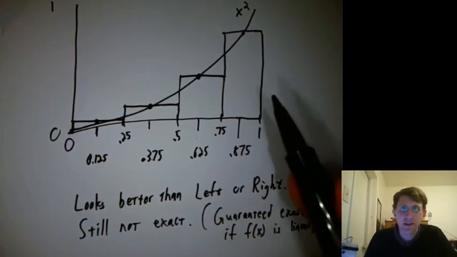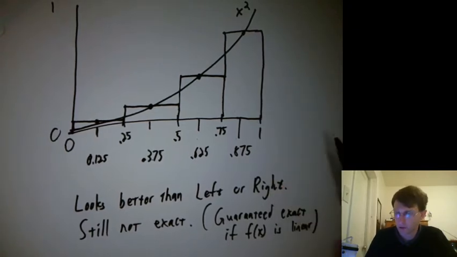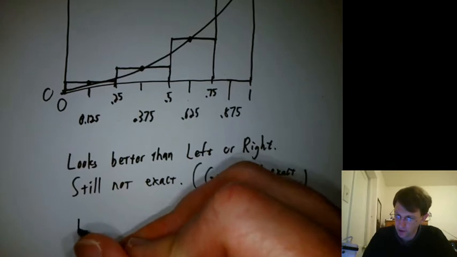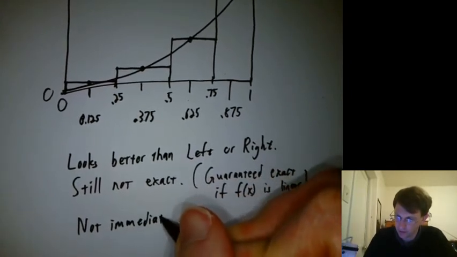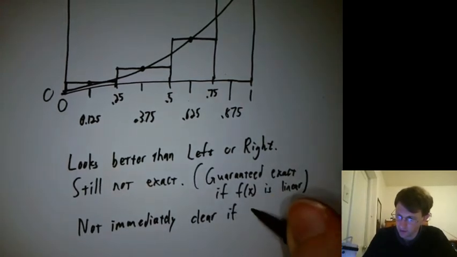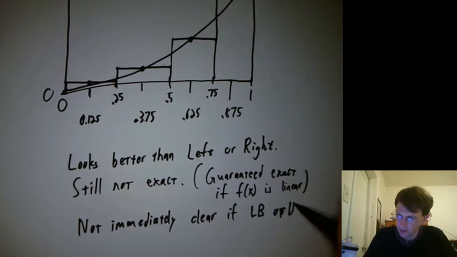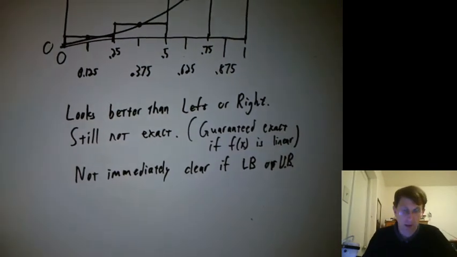I'd say it's not clear initially. We'll figure out later how we can say whether it's an overestimate or underestimate, but we'll just say it's not immediately clear. If it's a lower bound or an upper bound. And for some functions, it's basically impossible to say.